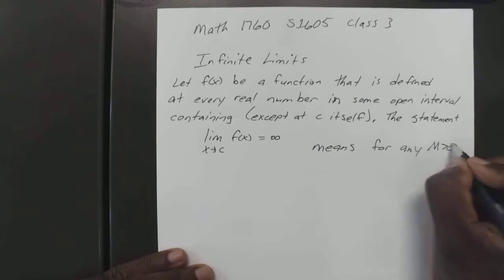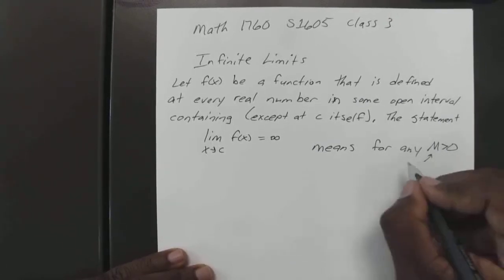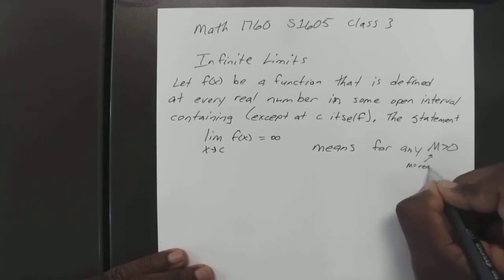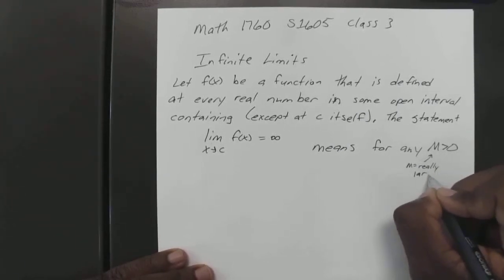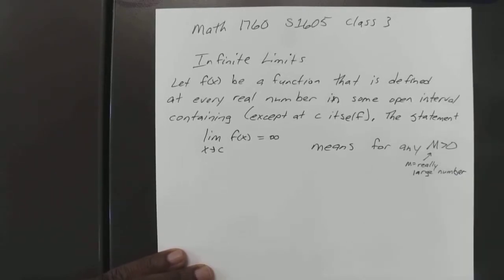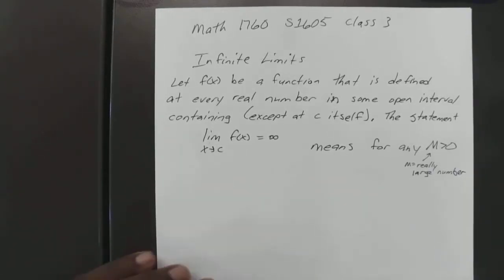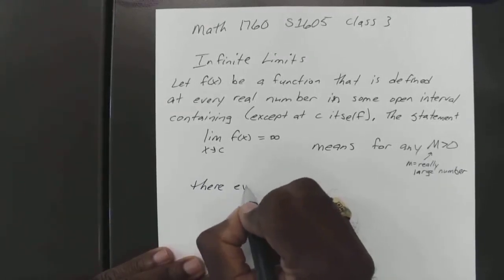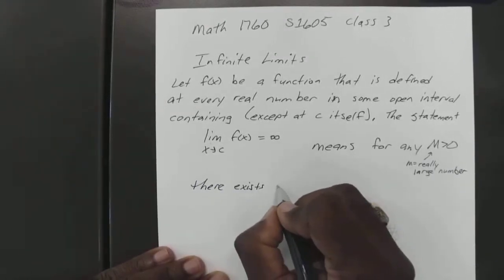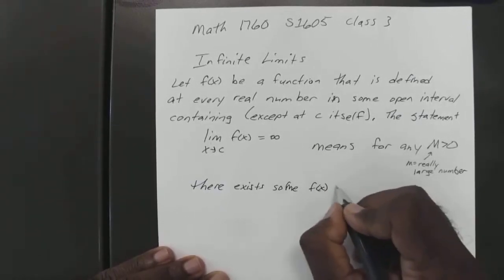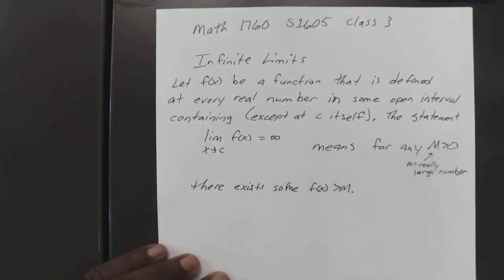So for any really big number greater than 0, so m equals a really large number, then there exists some f of x that's greater than that number.